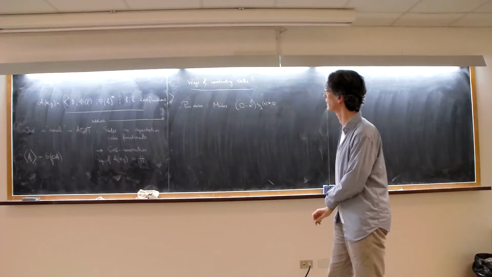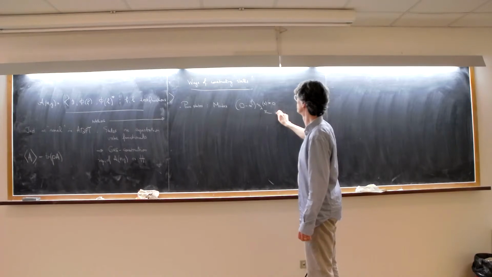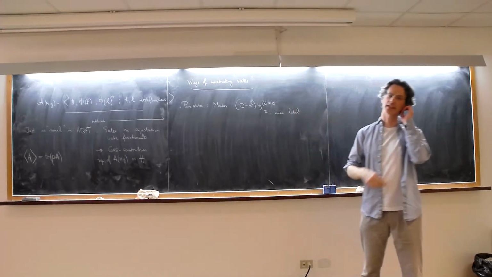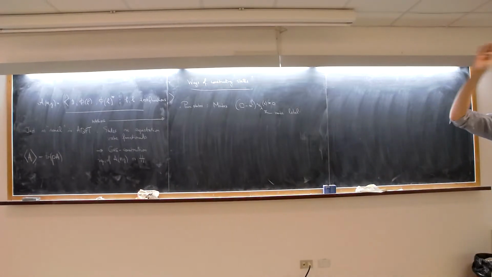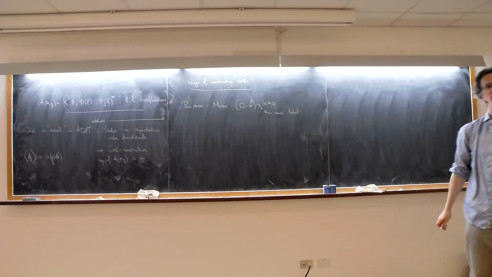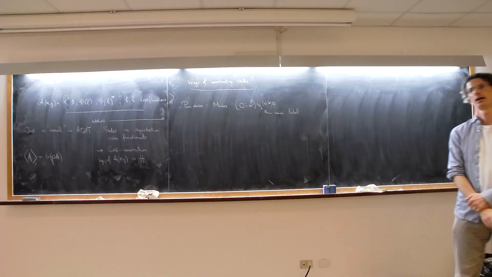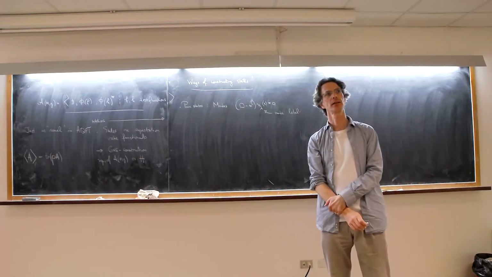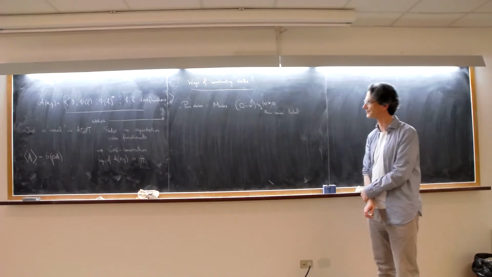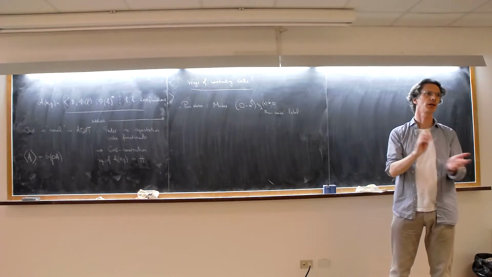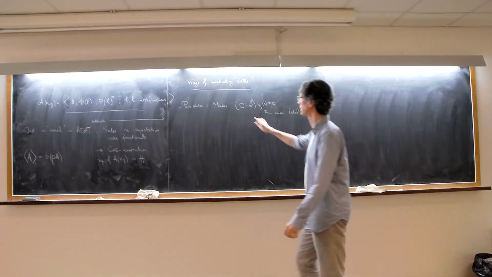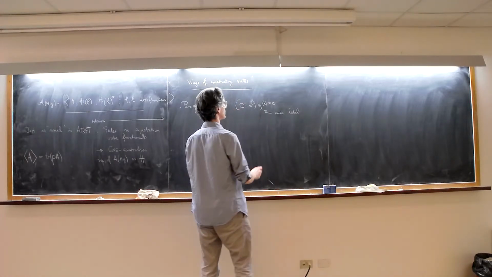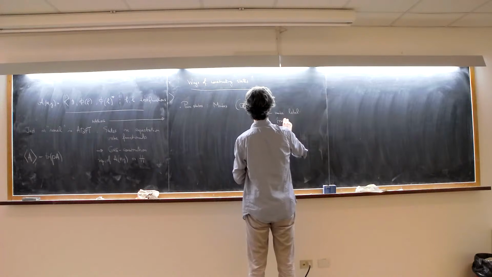I'm going to call it U, and lambda is the mode label. The mode label would be discrete if the spatial slice is compact, and it would typically be continuous if the space-like slice is non-compact. But it can also be a mix, so it really has to do with properties of the space-time. I don't want to specify what the label is. The label is just from some labeling set X.